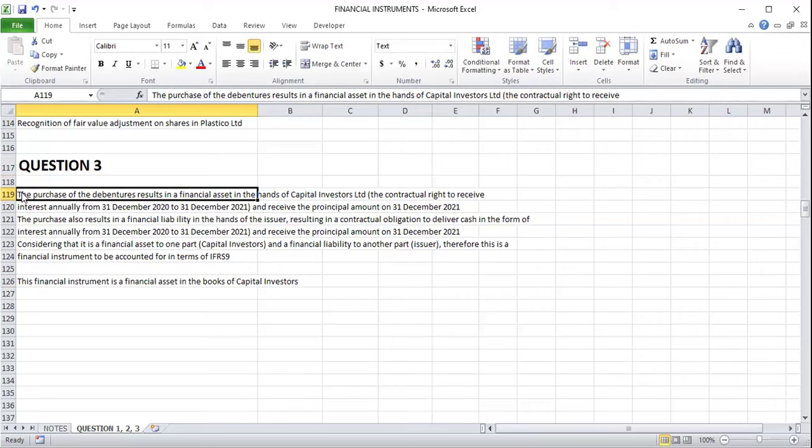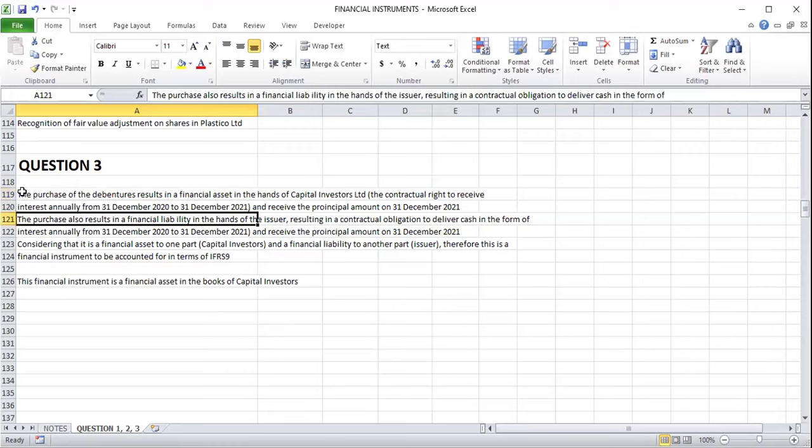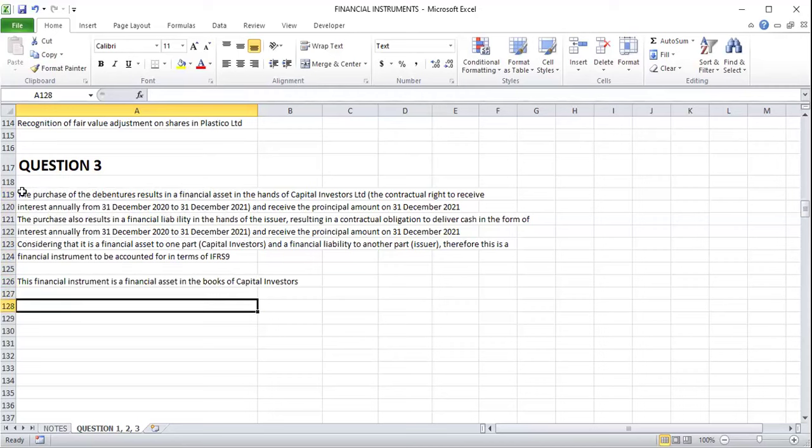I've already mentioned that this is a financial asset, so I don't have to go back and explain again why I am saying that. Why am I mentioning all this? Because how it should be accounted for would depend on whether it's a financial asset or financial liability.